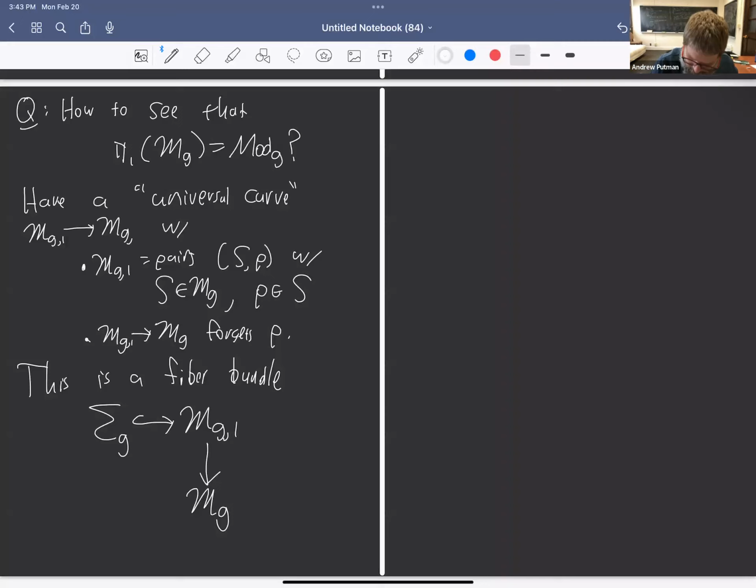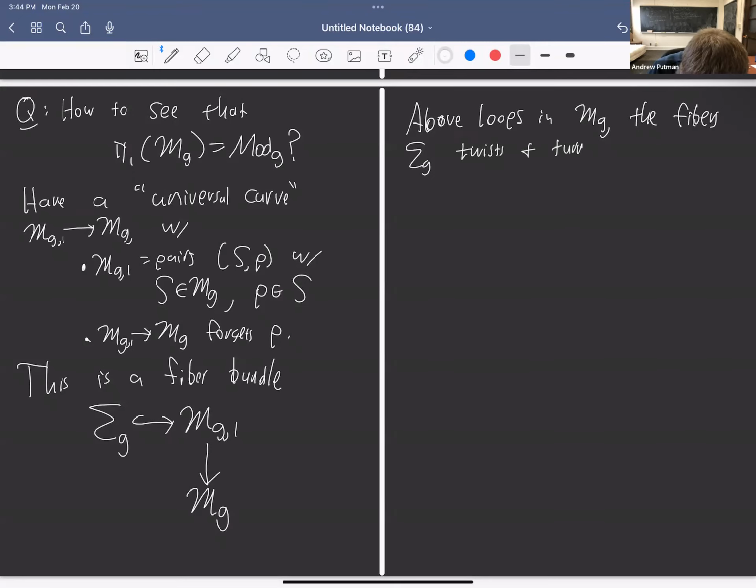So above loops in Mg, the fiber sigma g twists and turns.